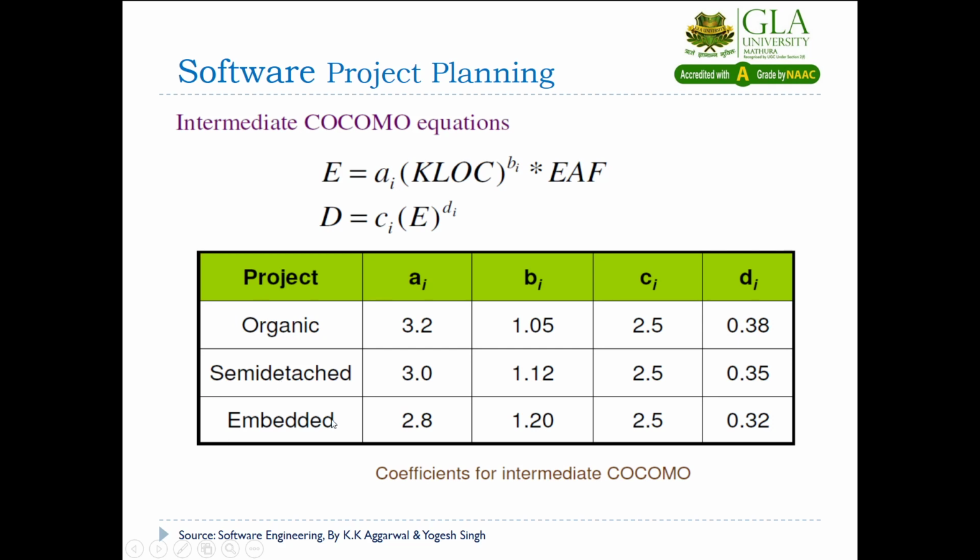Whatever category you have, on the basis of that category you will apply the values of A and B for the effort computation and C and D for the duration or development time computation.